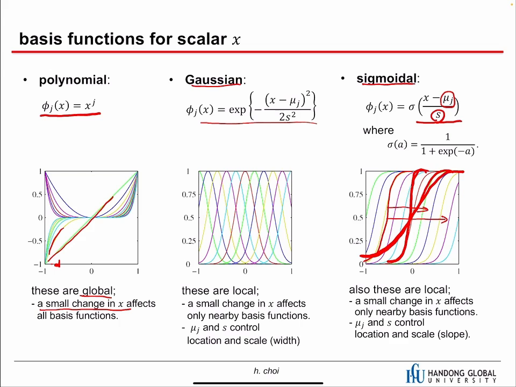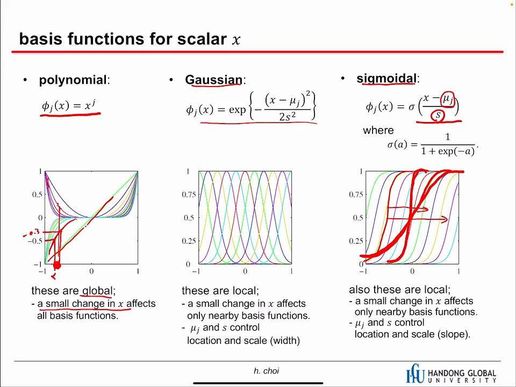Originally the value was something like minus 0.3, then when we change slightly, now we have x dash, and the output is minus 0.5. So all the basis functions will be affected by this change.